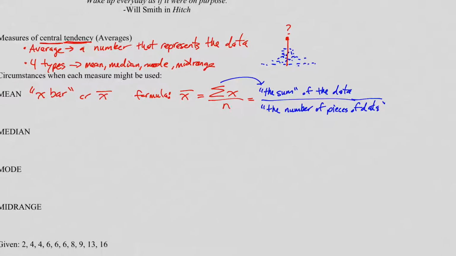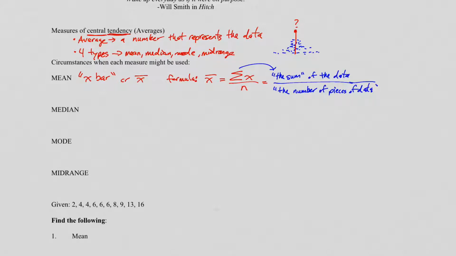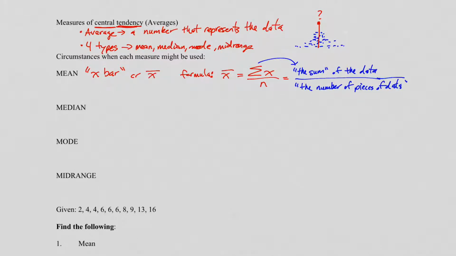That's basically the formula for average. If I say grade average, what's my average in the class? Well, add up how many grades you have, add them all up, and then divide by how many grades you just added up. We'll look at some examples in a minute.